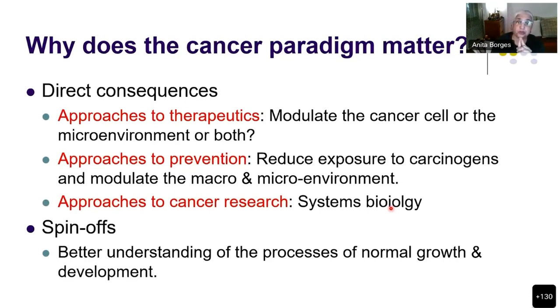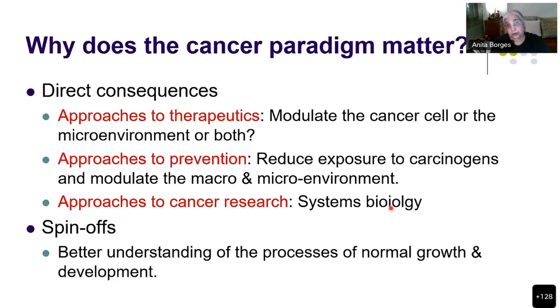Because when you try to modulate the cancer cell by chemotherapy, you know what you're doing? You're also modulating the environment to the detriment of the environment. You're trying to kill the cancer cell, but you're also killing the microenvironment. And then that's not able to repair itself and therefore keep the cancer under control.